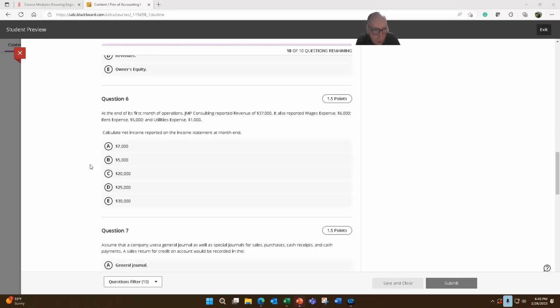Calculate the net income. Remember, net income is revenue, sales, minus all of your expenses. It's on the income statement. Very easy. Just use your calculator, okay?